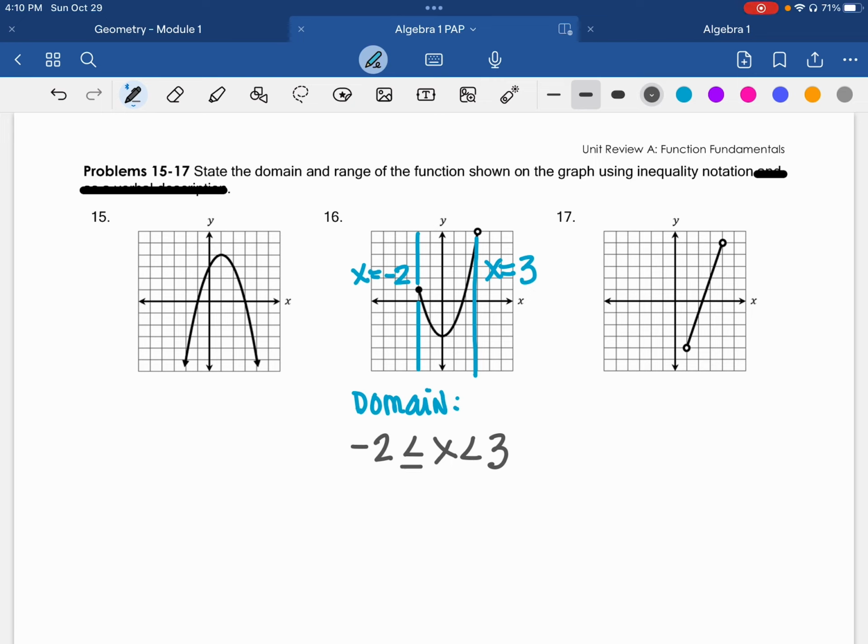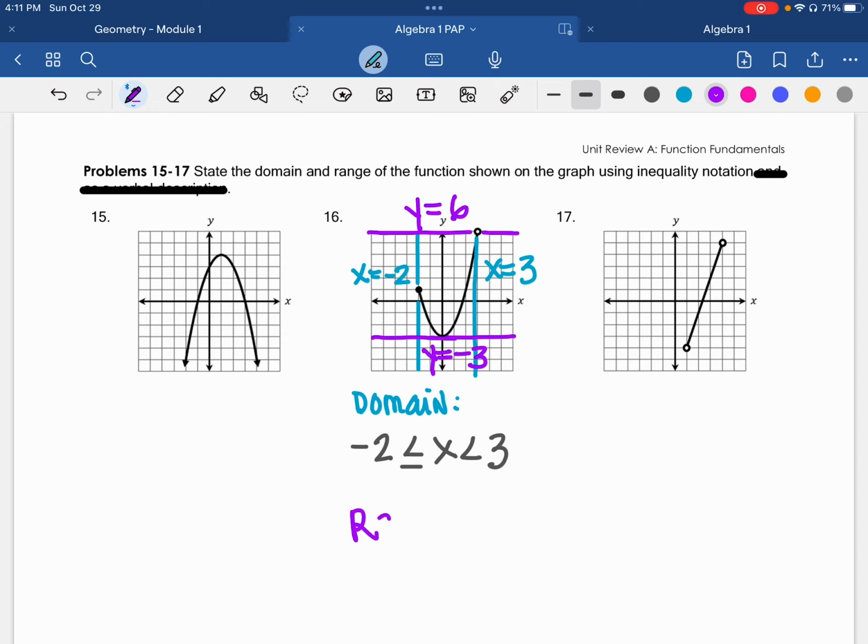Our range at the bottom, I see a floor, right? I see a floor right here at the bottom at y is equal to -3. And my ceiling is all the way up here. It is not here. We don't have a double ceiling. We only have the ceiling at the top, which is at y equals 6.